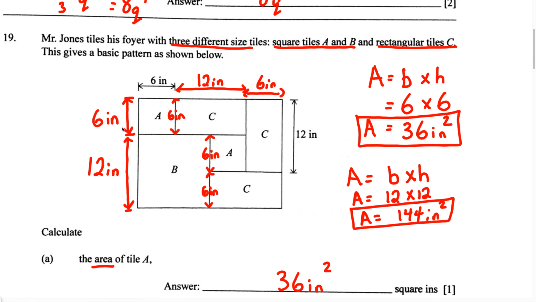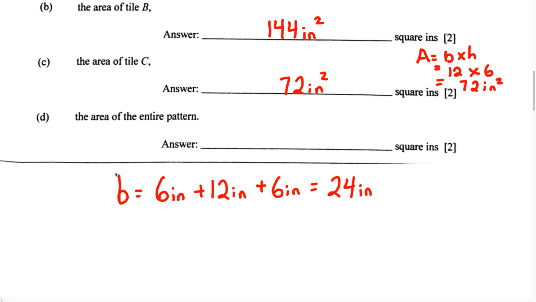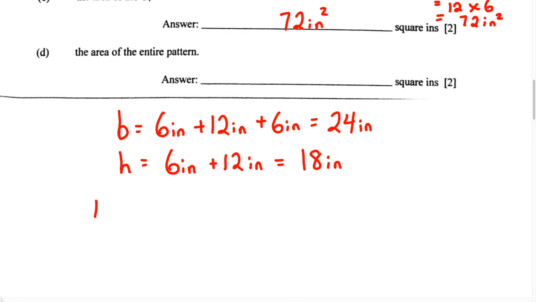Now for the height, we're just going to add 6 inches plus 12 inches. So we can say height equals 6 inches plus 12 inches, which is going to give us 18 inches. Now to find the area, we're going to say area equals base multiplied by height.